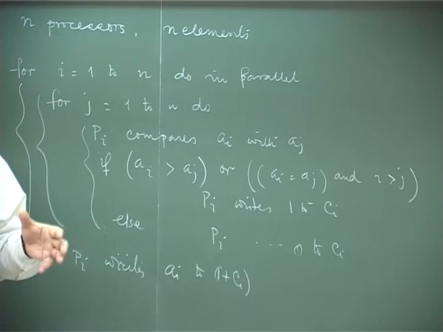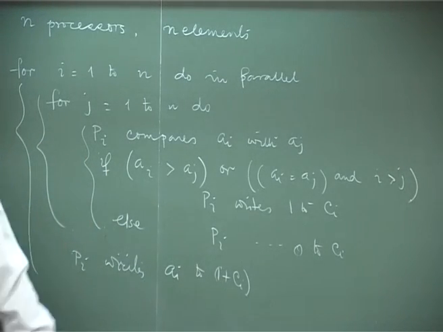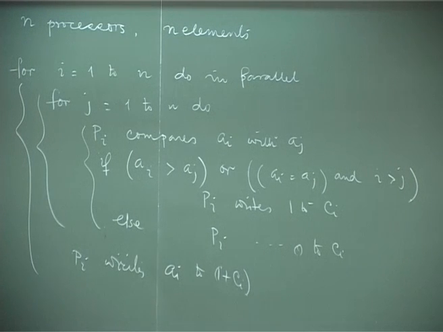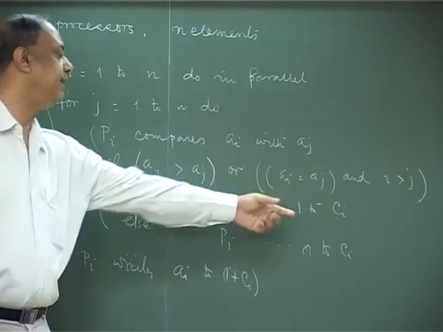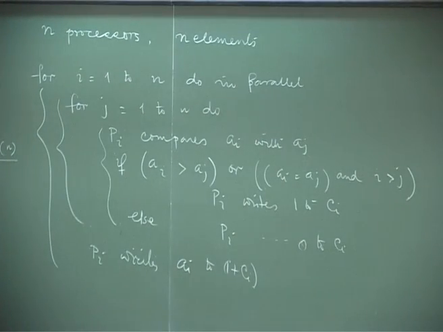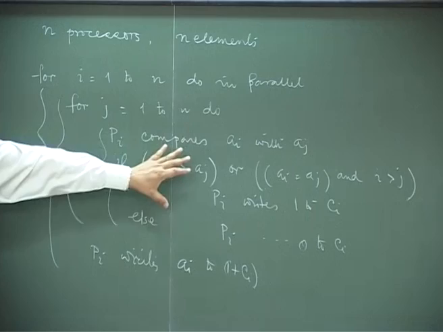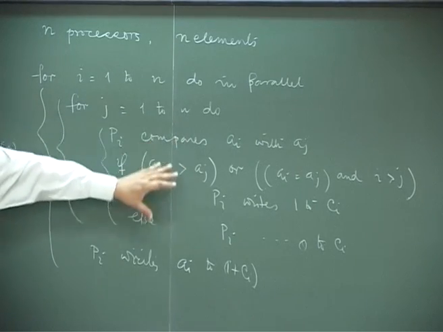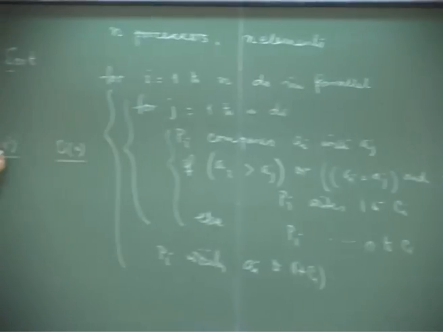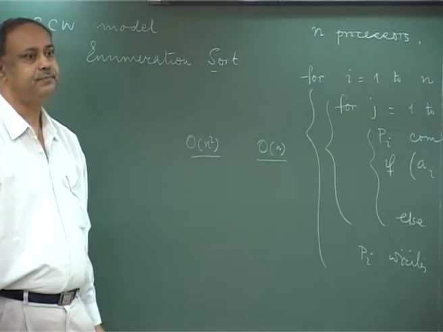One is that you assume the minimum processor index is allowed to write, or the sum of the values can be allowed. So here, the sum of ones will be written into Ci. We assume that will take a constant amount of time. So this whole algorithm will take constant time to sort n elements using n square processors. The cost is order n square, and time becomes order 1 in that case.